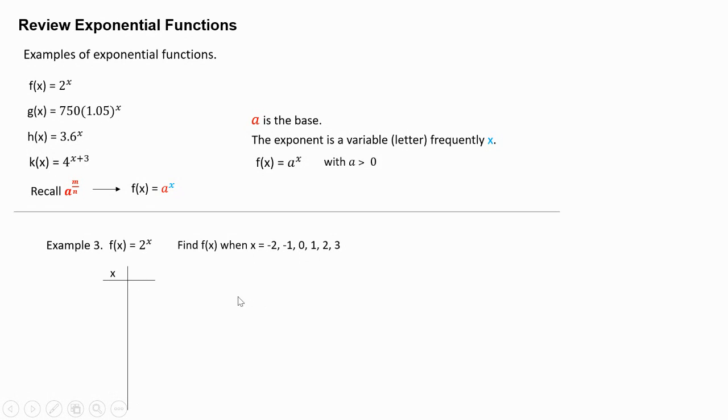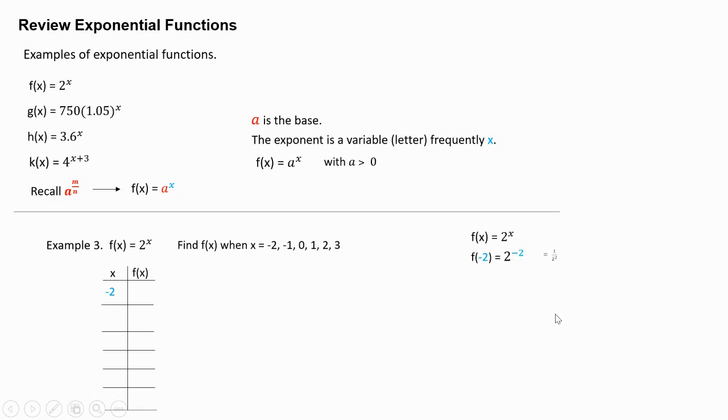Okay. So let's do a little table here. Right. This f of x is the same thing as y. So let's start with -2, right? So when x is -2, we're going to plug in -2 for the x, so it equals 2 to the -2 power.